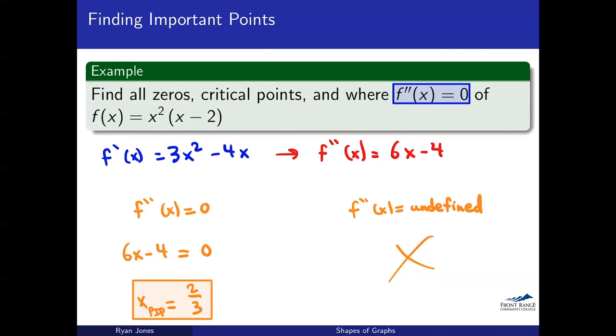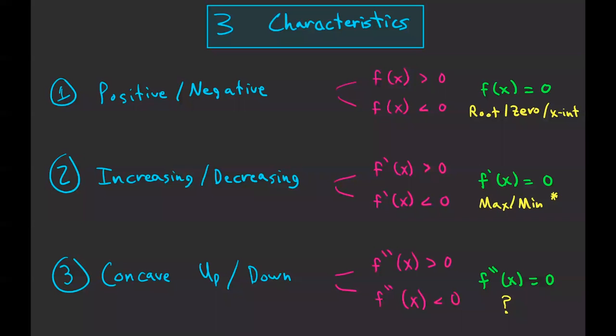So again, just a big recap here of everything that we've seen. We've said, hey, there's 3 primary ways that we're going to describe a function: positive and negative, increasing and decreasing, concave up and concave down. And we can talk about those intervals, the regions that each of those descriptors occur in, by looking at where the function, the first derivative, and the second derivative are each greater than 0 or less than 0.